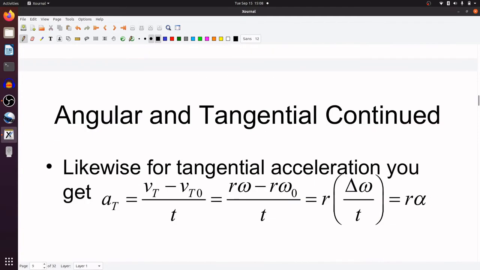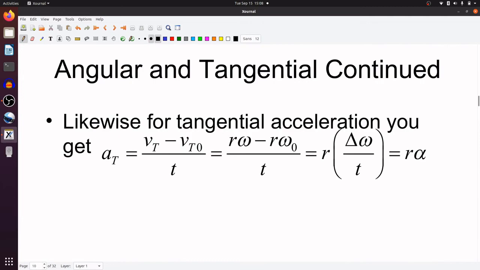That is going to lead into angular acceleration. So basically, we know that tangential acceleration is literally what we were dealing with in chapter 2 and 3. The definition of an acceleration here is some velocity minus the initial velocity over time.